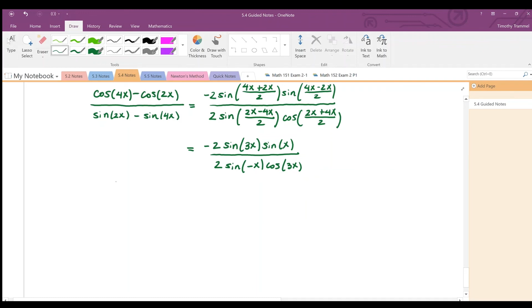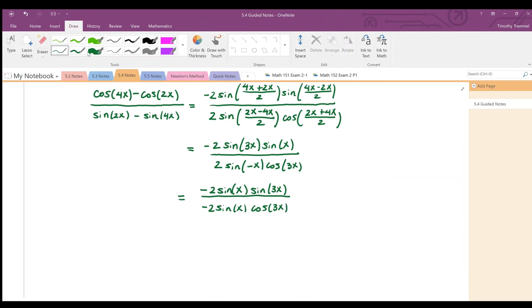Before we move on, what I want you to note here is that sine is an odd function, which means that negative you see there, I could bring that out front if I wanted to. So I could rewrite this as minus 2 sine, and I'm actually going to switch the order of my sines here. The order of multiplication doesn't matter. So sine of x times sine of 3x, and then all over, again, I'm going to bring this minus 2 out front because sine is an odd function. So I'm going to have minus 2 sine of x, and then times cosine of 3x.